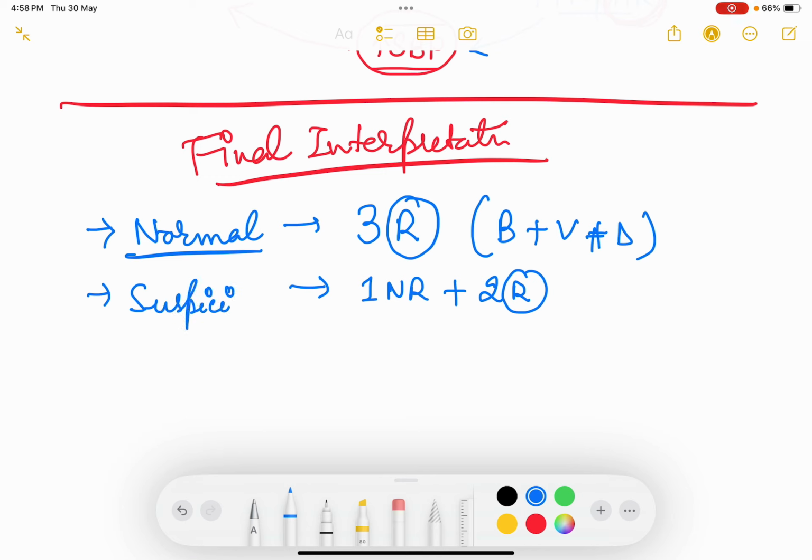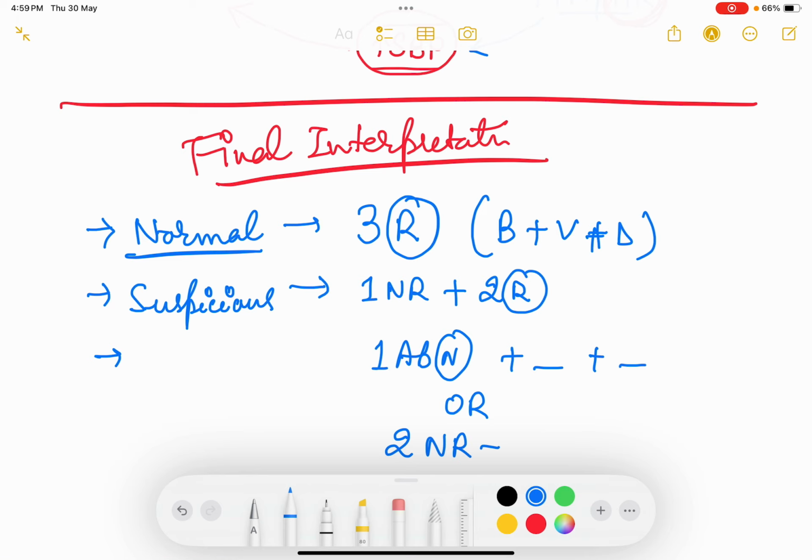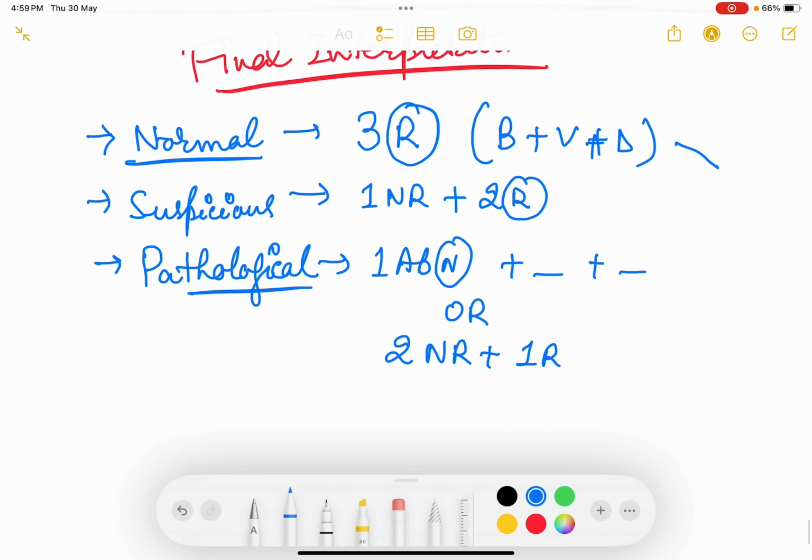But if any one अगर abnormal category में चला जाता है, third category में चला जाता है, irrespective of what the other two are, ठीक है, एक भी abnormal हो जाता है, या दो non-reassuring हैं और एक reassuring है, अगर ऐसे भी होता है then we will say it is pathological CTG. Pathological CTG. Okay.